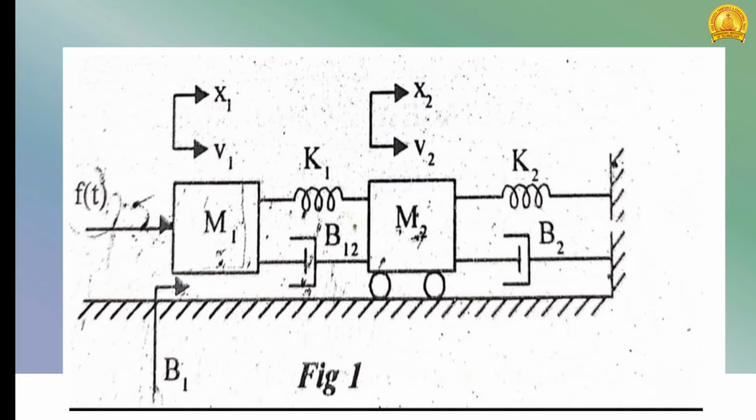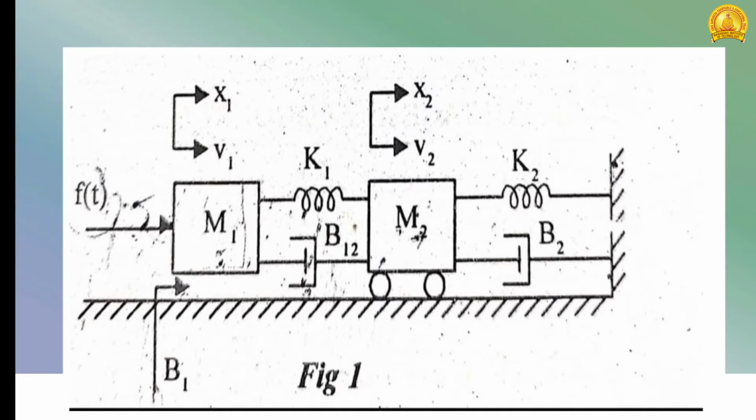A node is a connecting point between any two elements in a mechanical translational system. Here we have two distinguished nodes, M1 and M2.